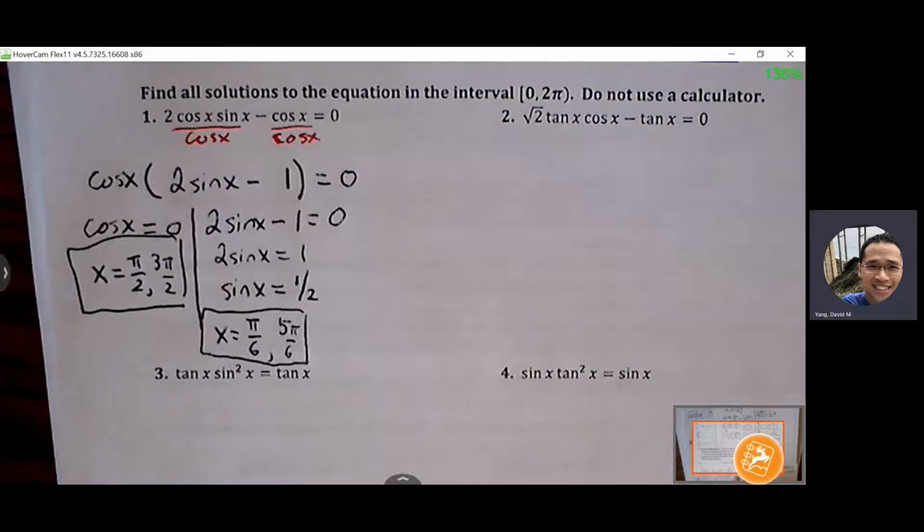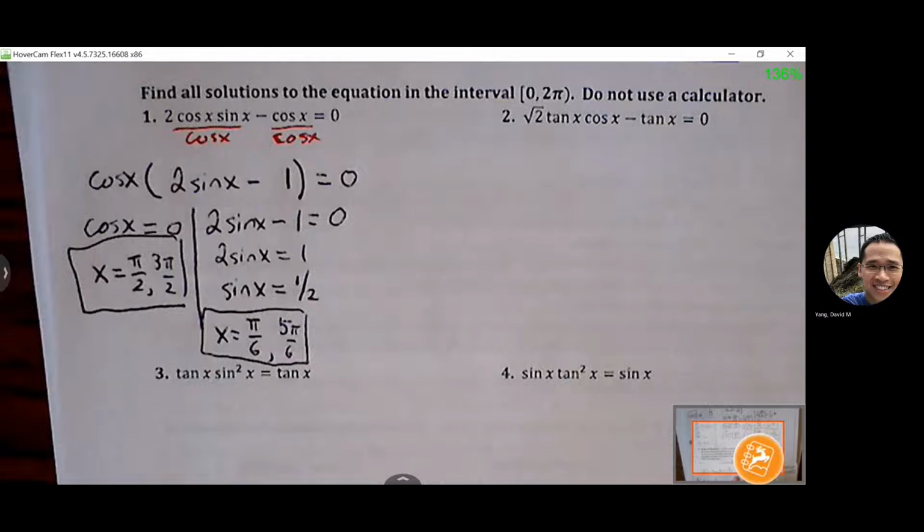Take the GCF out, factor, and then set both parts equal to 0. Okay, try number 2.